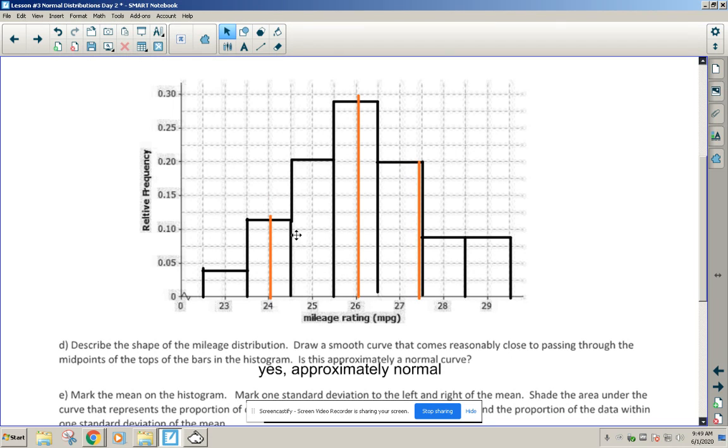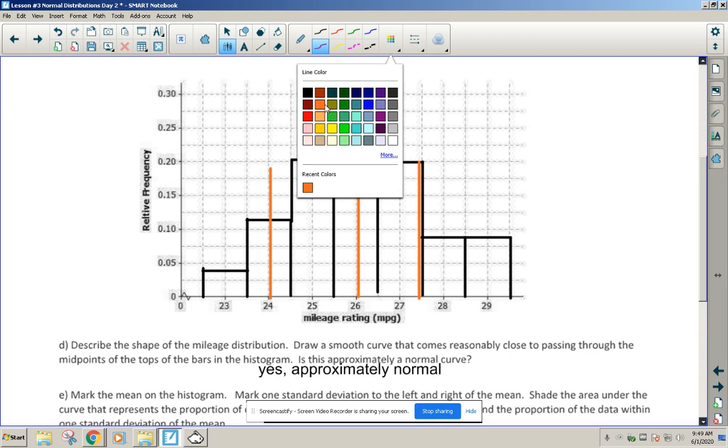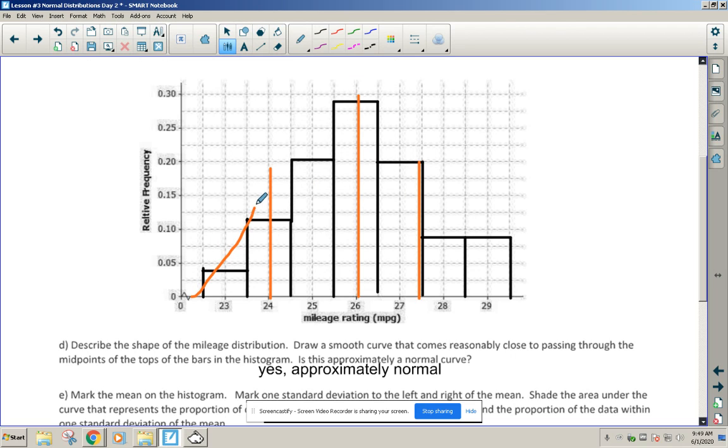This looks about one standard deviation each way, because now if I were to draw my curve, does this look approximately normal? And it does.